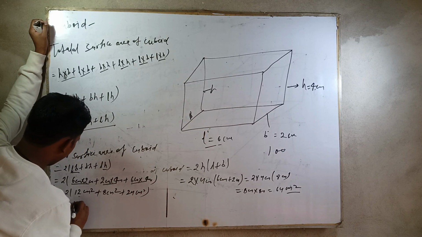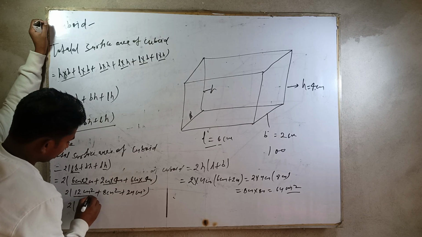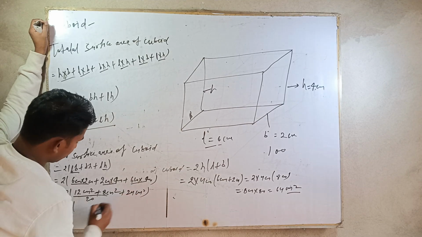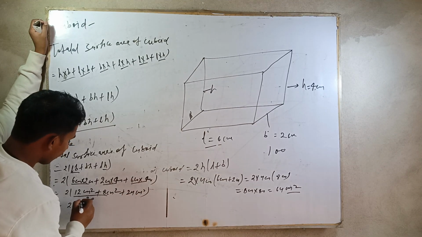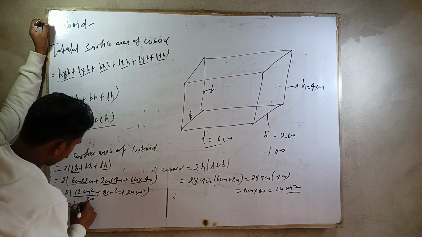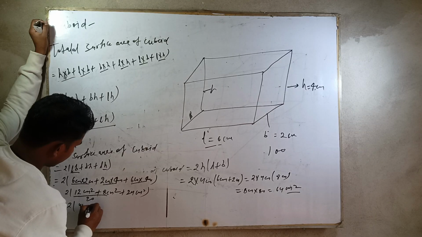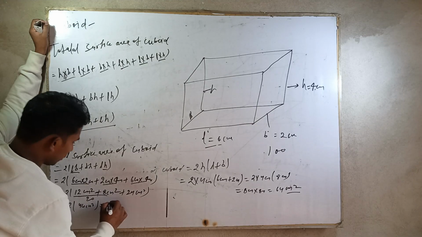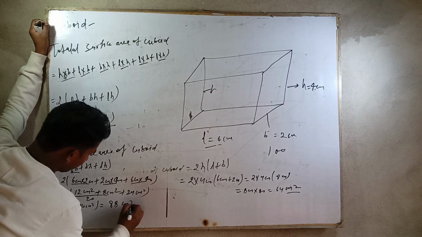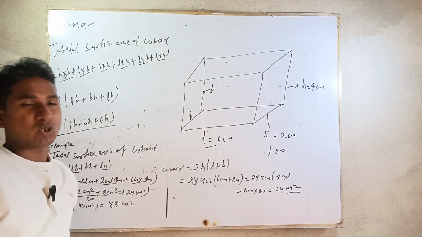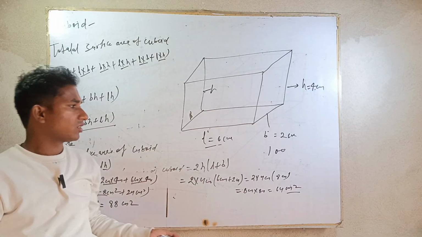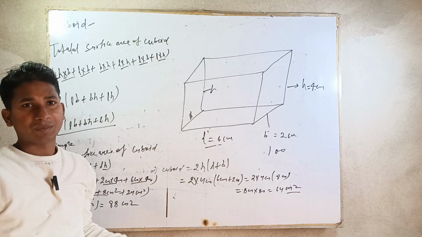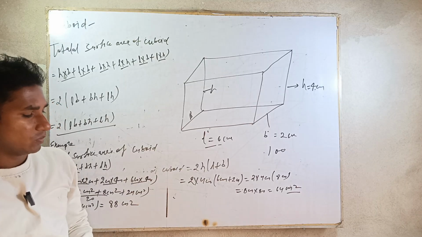If I add 12 plus 8 plus 24, this one is 44 centimeter square. If I again multiply with 2, then it will be 88 centimeter square. So by this process I can find out the value of cuboid surface area, total surface area, and volume.